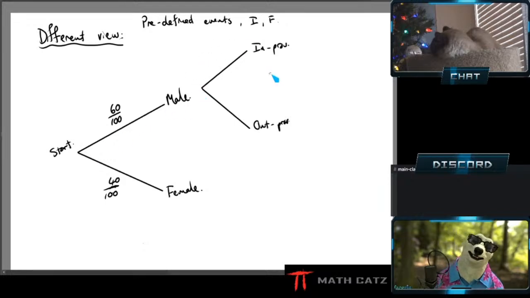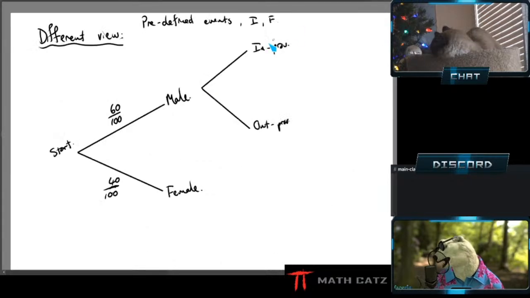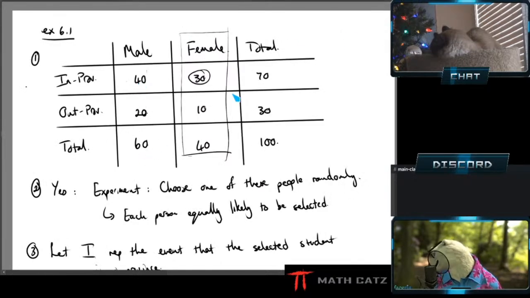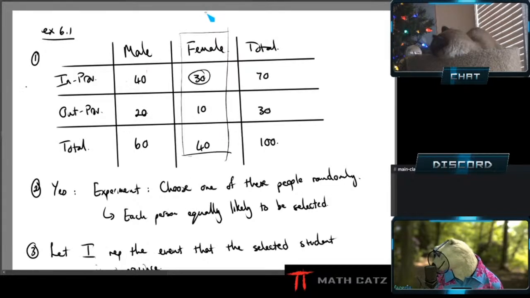Now I ask them the next question. So out of the males, there are 60 males, 40 are in province, 20 are out of province. So the chance of them answering in province is 40 out of 60. And out of province, 20 out of 60. Because I've taken the male step and now I'm asking them their next question.